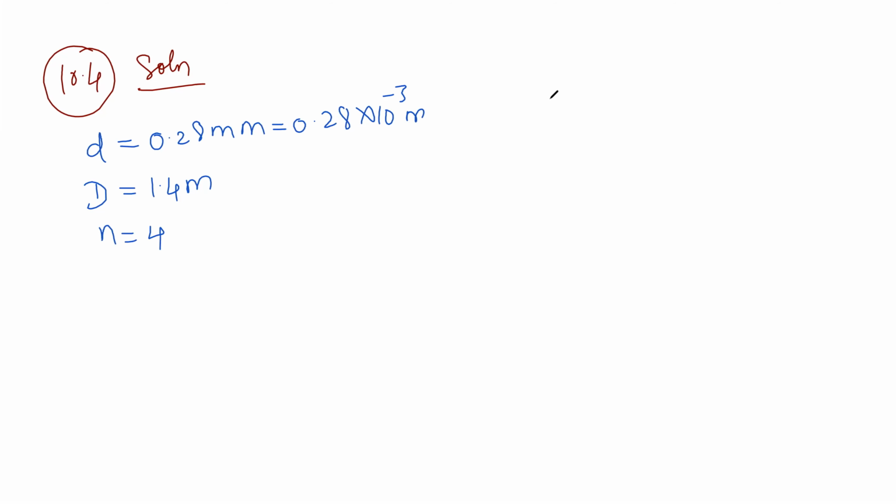So therefore n is equal to 4. Distance between central fringe and fourth fringe is 1.2 centimeter. If you convert into meter it becomes 1.2 into 10 to the power of minus 2 meter.